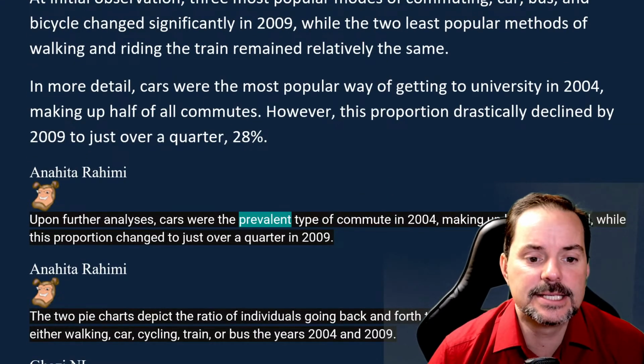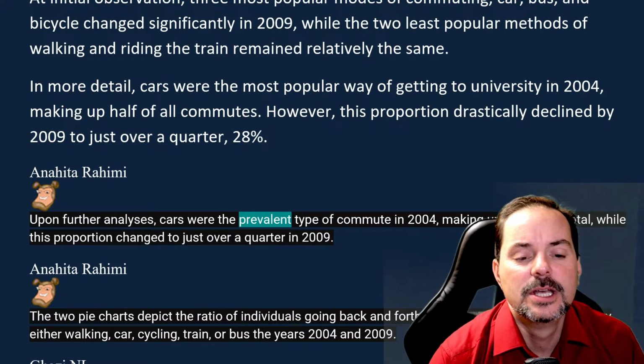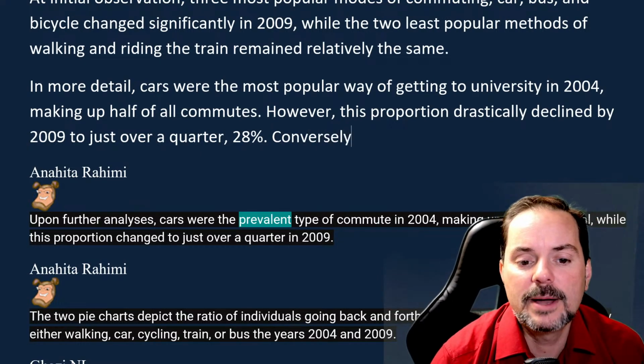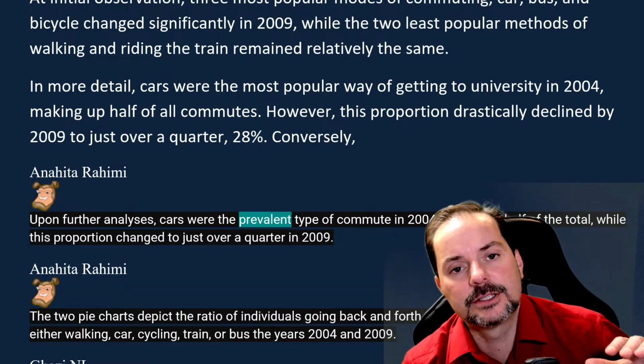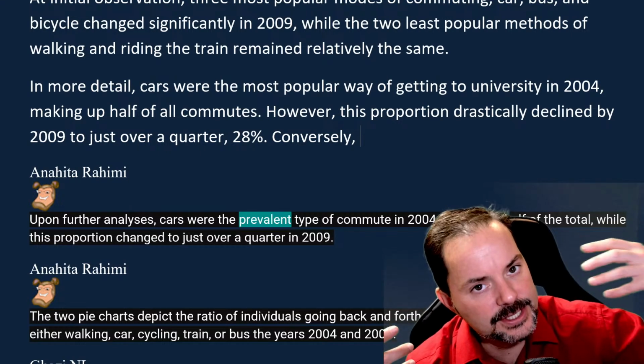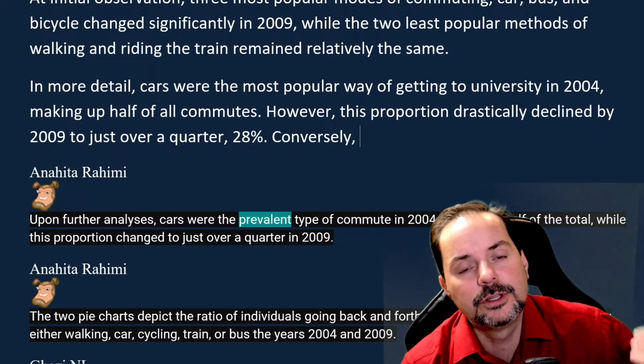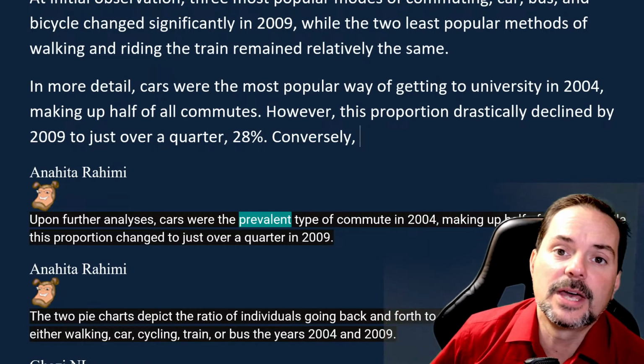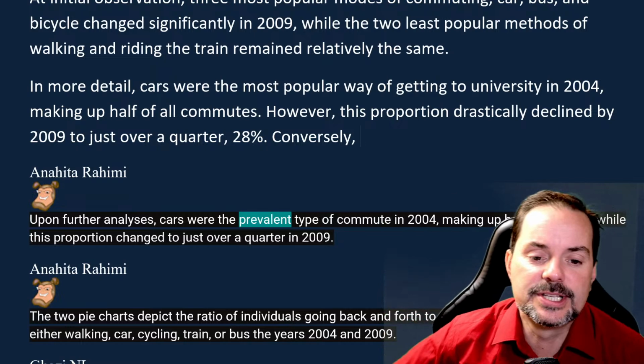So buses. Yes, we talked about buses. So conversely, why am I saying conversely? Because it's opposite to cars, right? So cars became less popular as a mode of commute or going to university. Buses, on the other hand, increased in popularity.